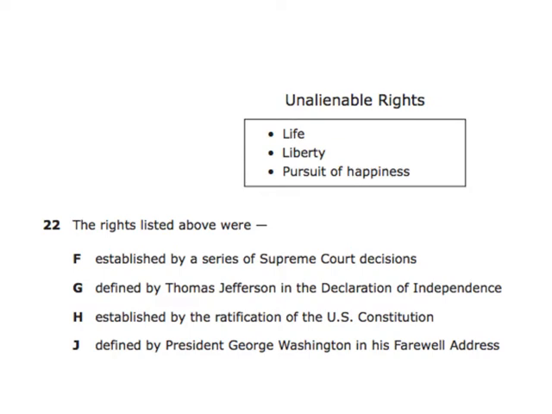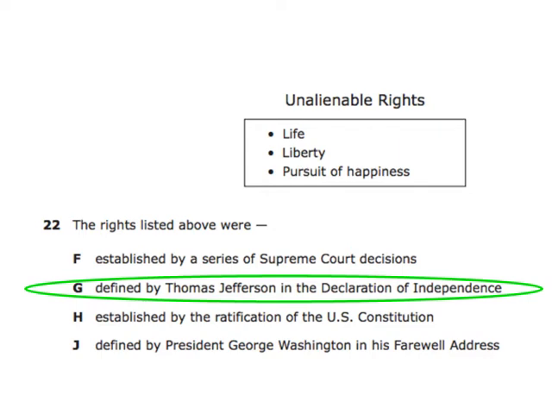Unalienable rights: life, liberty, pursuit of happiness. The rights listed above were defined by Thomas Jefferson in the Declaration of Independence.